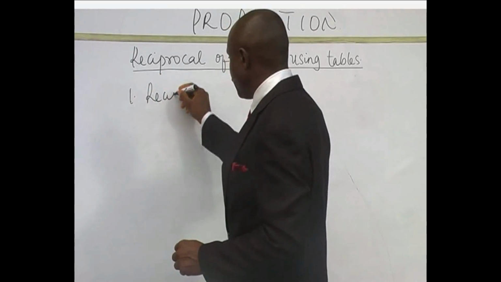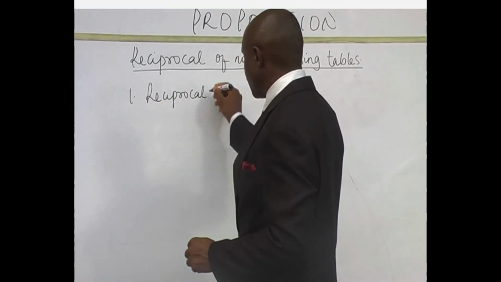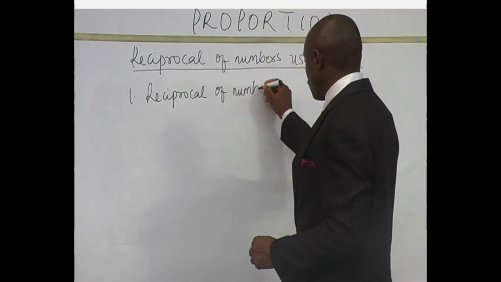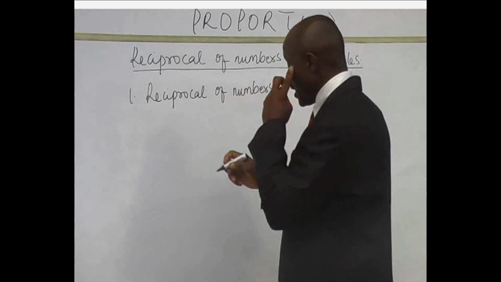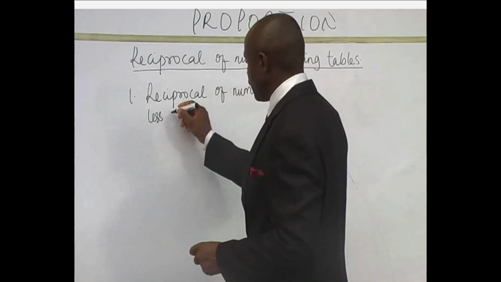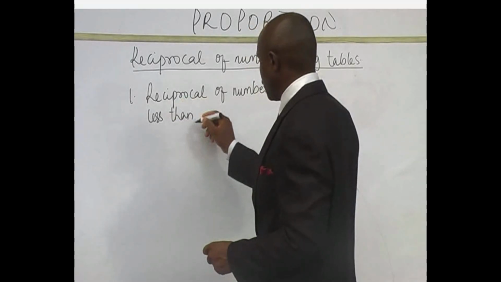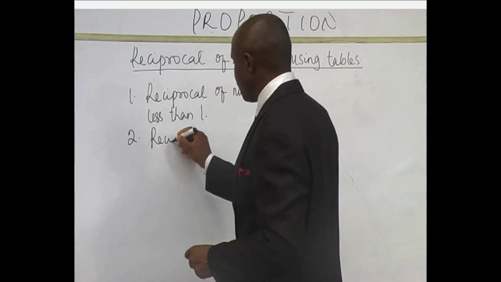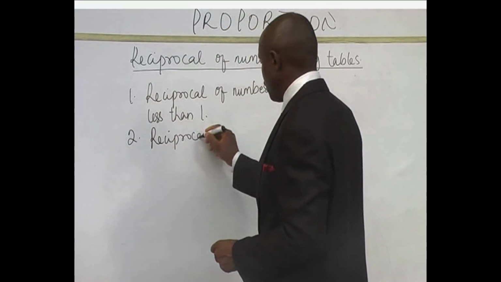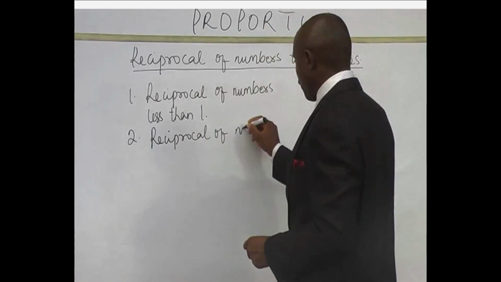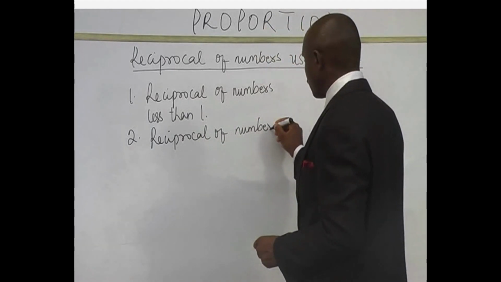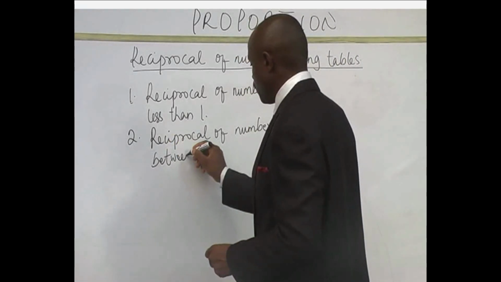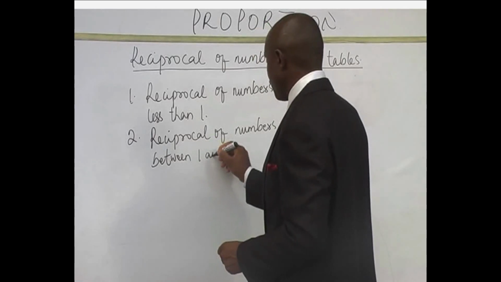As I said, number 1, reciprocal of numbers less than 1. Number 2, reciprocal of numbers between 1 and 10.